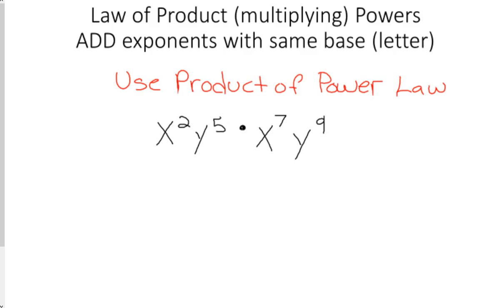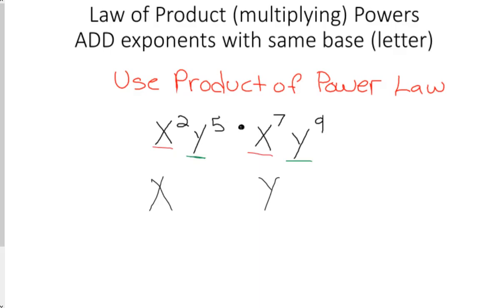Well, again, we're looking for same letters because we're going to deal with those separately. So I've marked my x's with the color red, and I have marked my y's with the color green. You should have a couple of colors with you, whether you have a pen or a pencil, some colored pencils, crayons, markers, or even highlighters, just to help you differentiate between your x terms and your y terms.